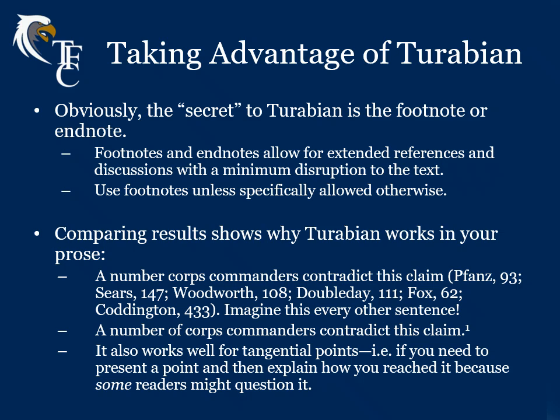Instead, consider the same sentence using a footnote. All of that information is compressed into a tiny, inoffensive number at the end of the sentence. If you need to, you can look down to the bottom of the page and find everything that you could want. If not, you can read on with a minimum of disruption. It also works wonderfully for those tangential points that really need to be covered, even if they don't need to be emphasized in the main text.